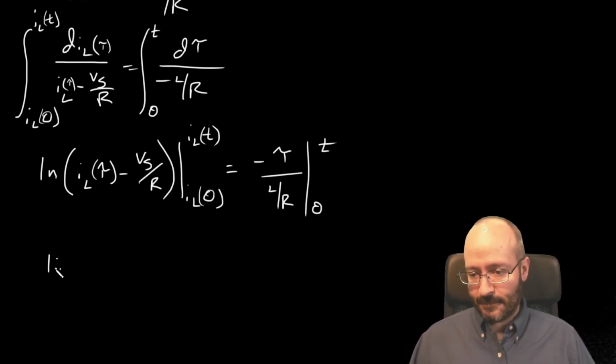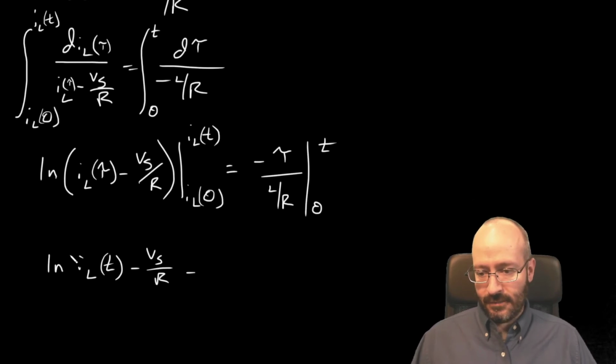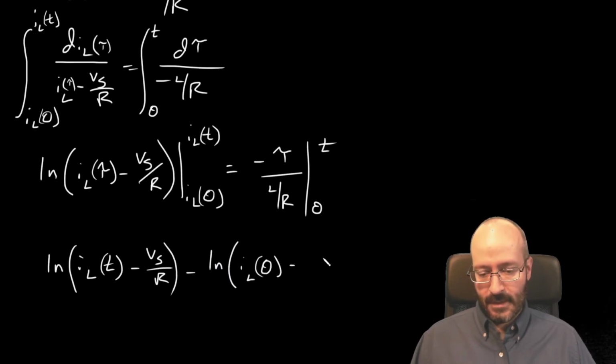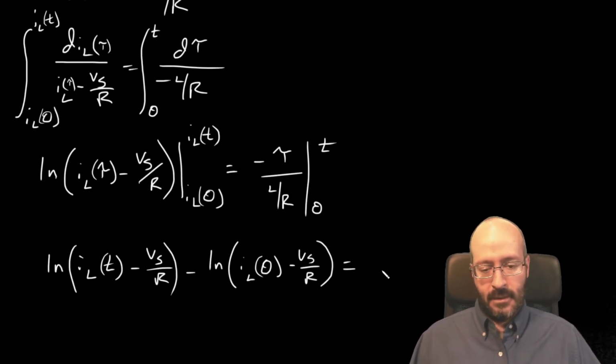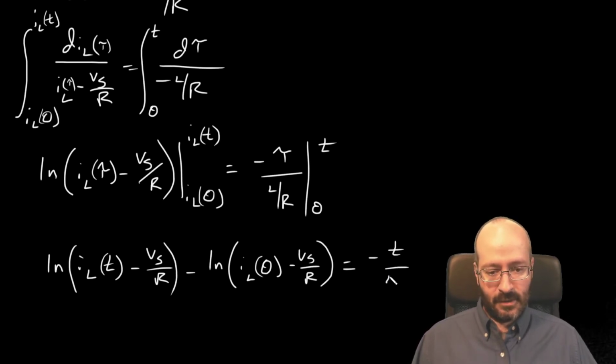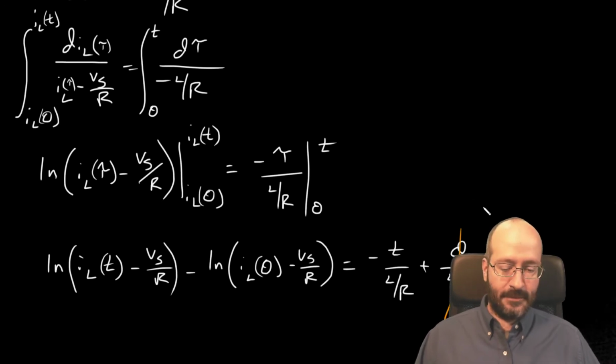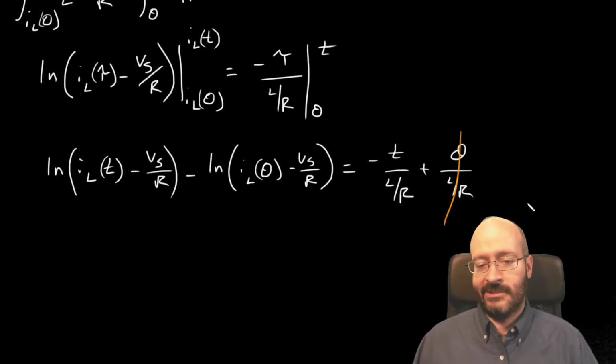Let's see, log of I_L of t minus Vs over R. All of that, let's stick that in some parens there, all of that minus the log of I_L of 0 minus Vs over R. Right-hand side, negative t over L over R minus 0, oh, it ends up being a plus, 0 over L over R. Okay, that's going to cancel, so I'm going to start to ignore it.